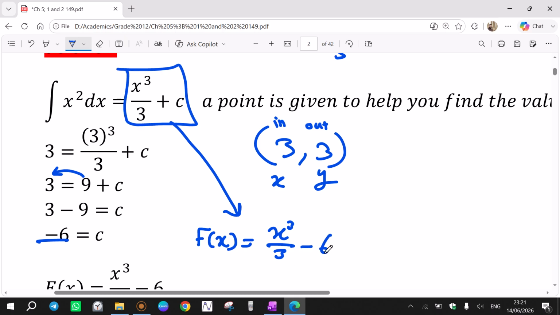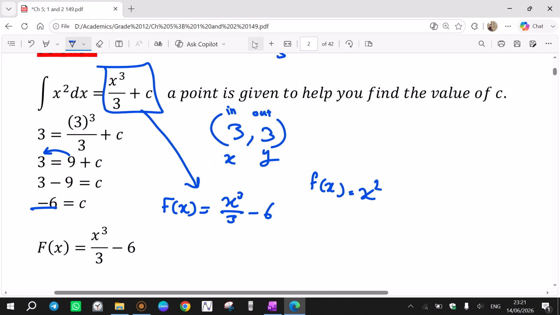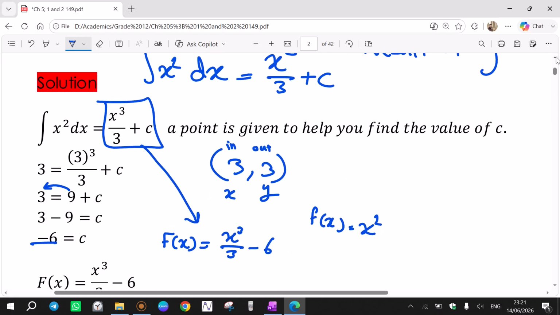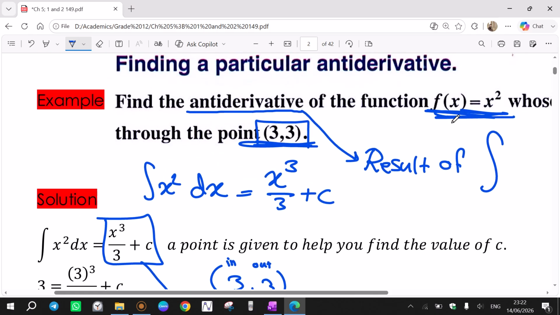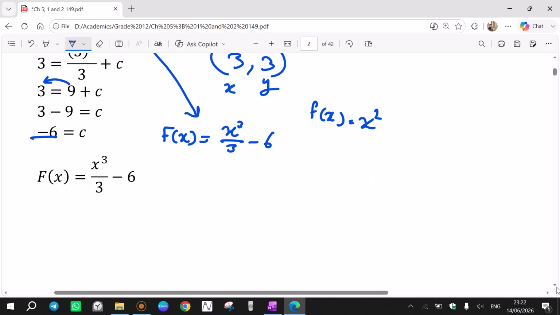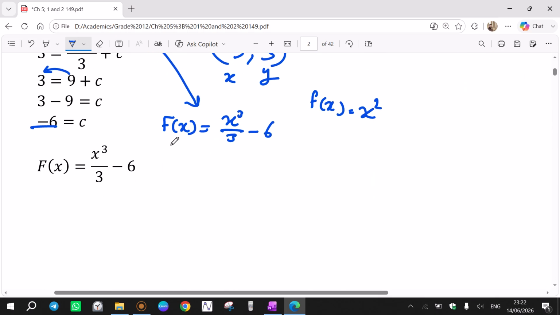This is the antiderivative for the function f small x, which is the normal function, that was x power 2, which was given right here. So integral of f small is going to be F capital. That's only if you know, it's good. If you don't know, it's fine.